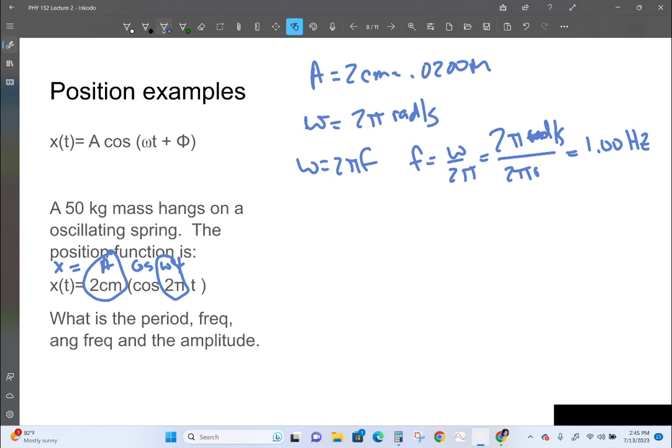The radians, this is understood to be radians here, it's going to cancel out. And my period is going to be 1 over that, which is 1 over 1 hertz, or 1.00 seconds. So I can just take this formula and figure out all that information very simply.